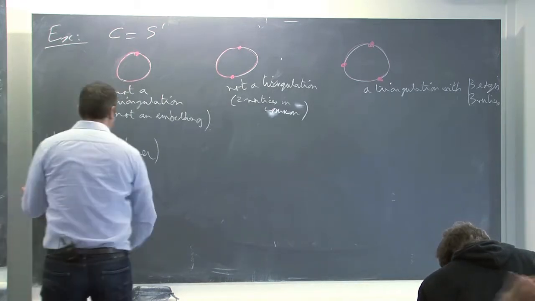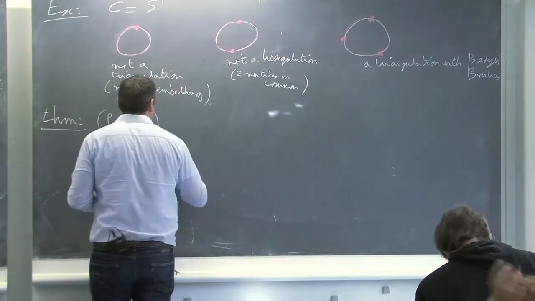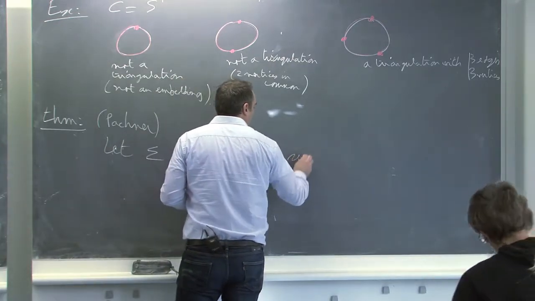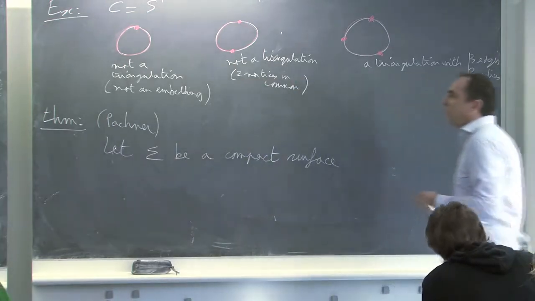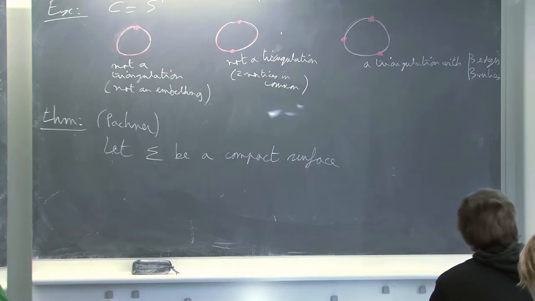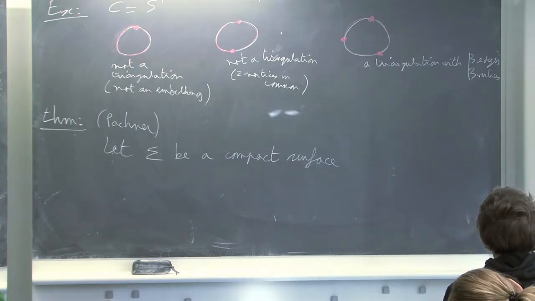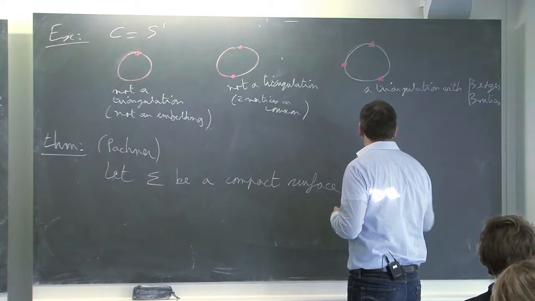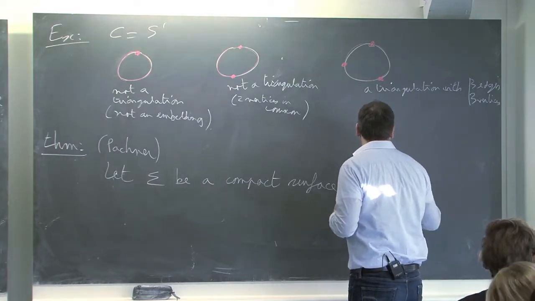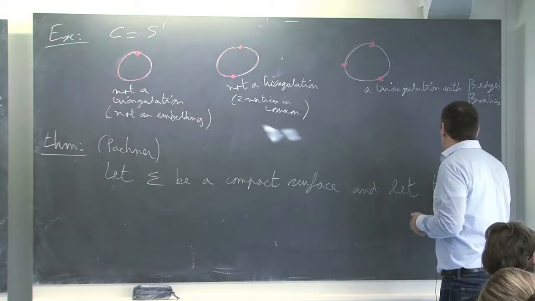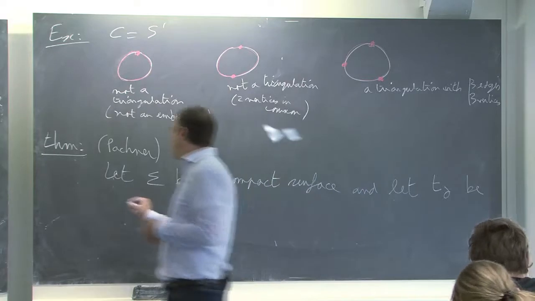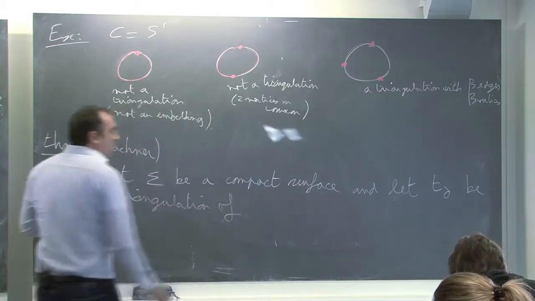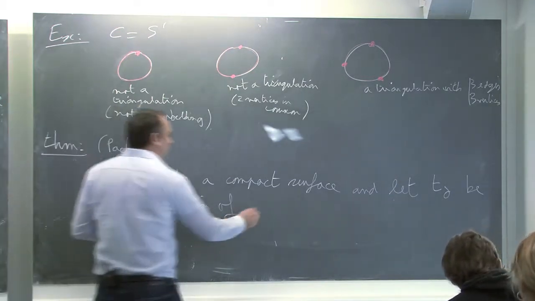So, let sigma be a compact surface, and you consider, let's say, T delta a triangulation of the boundary of sigma.